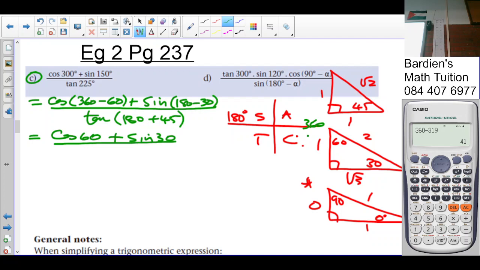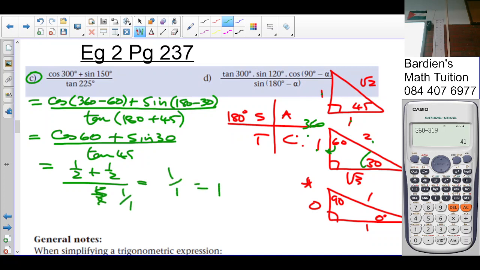Is tan positive or negative? Positive. Tan 45. So cos of 60, cos is adjacent over hypotenuse, so it's 1 over 2. Sine of 30 is opposite over hypotenuse, so it's 1 over 2. Tan 45 is 1 over 1. So half plus half is 1 over 1, which is 1. You all okay with that? Yes.